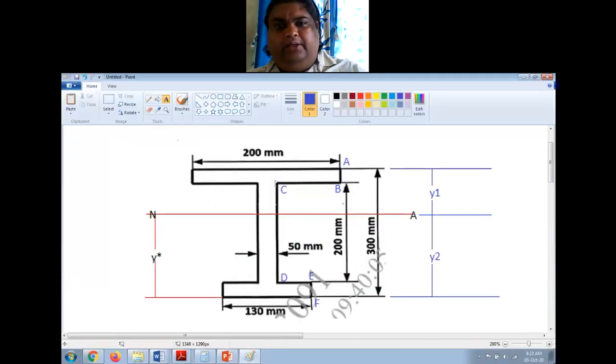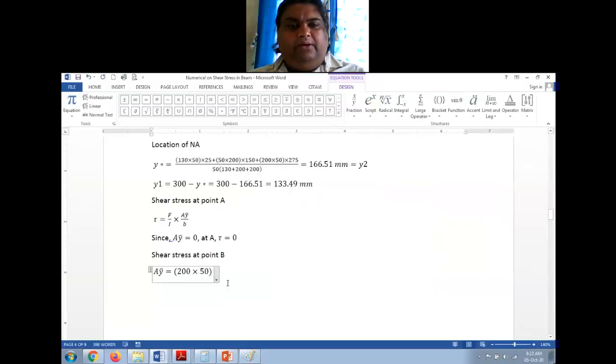Now y bar is the distance of the center of gravity of this particular rectangle with respect to the neutral axis, right? So the center of gravity of this rectangle is 25 mm above this line BC. So this is y1, y1 minus 25 or 50 by 2 will be y bar.